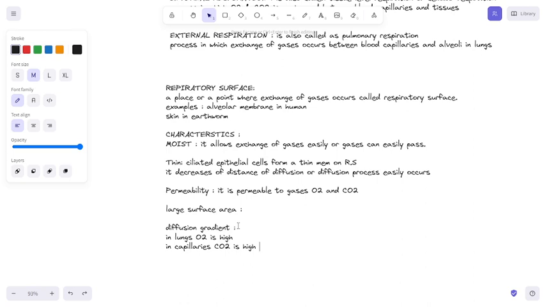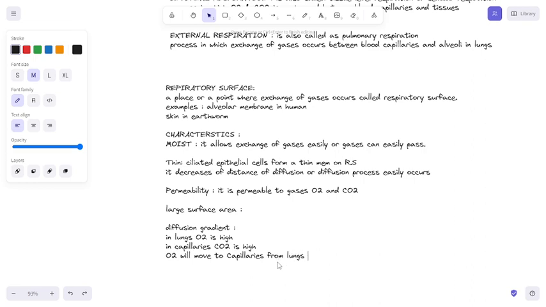The concentration of oxygen in the lungs is high and in the capillaries it is low, so oxygen will move to the capillaries from the lungs, from high concentration to low concentration.